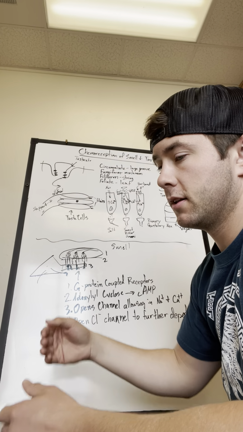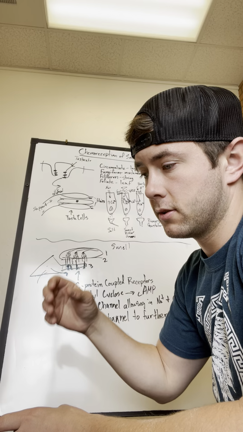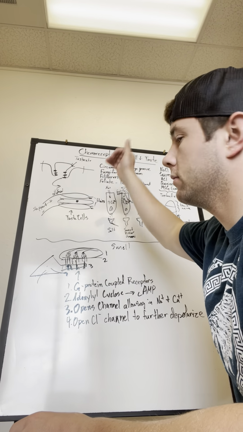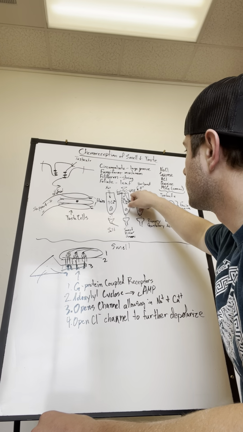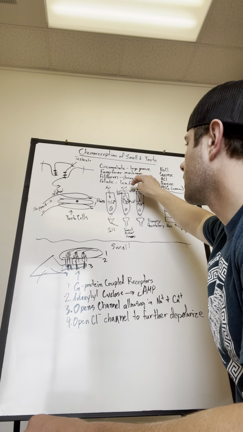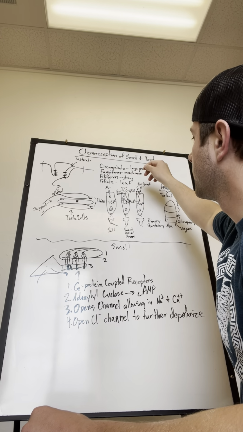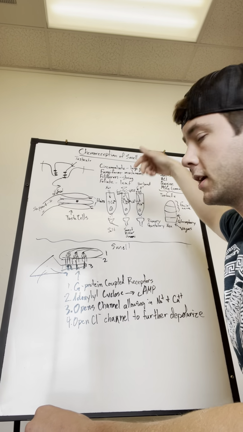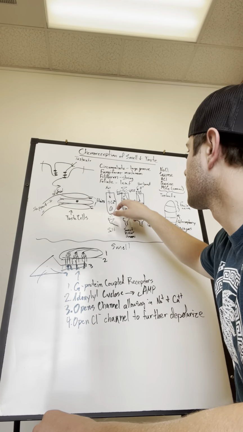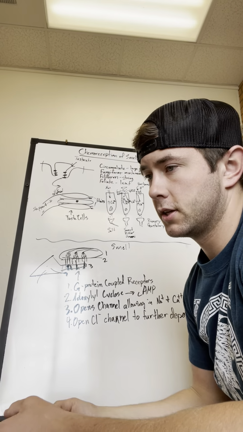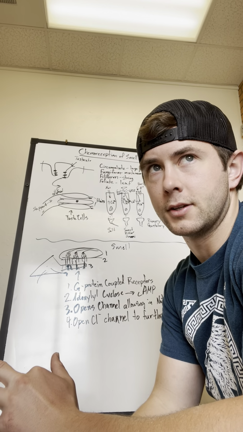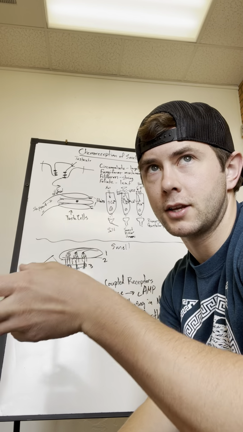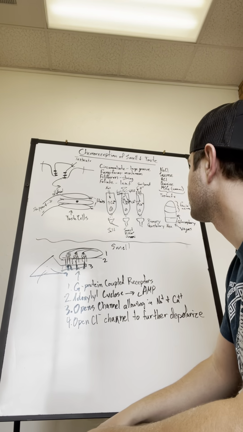So it's not like anything enters into the cell immediately, like with sodium, where it depolarizes and gets into the cell. This G protein coupled receptor needs a ligand to attach. What that will do is send a signal throughout the cell such that you release calcium from your endoplasmic reticulum.